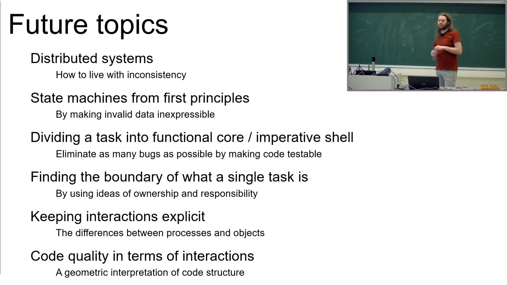I've seen a lot of people talk about the exact ideas that underlie this, but I haven't seen anybody take the extra obvious step and just actually draw it out on the page. But once you do that, you'll realize that all of the things that we're talking about in code quality actually have a very interesting geometric interpretation, which is pretty cool. But it's going to be a while until we get there.